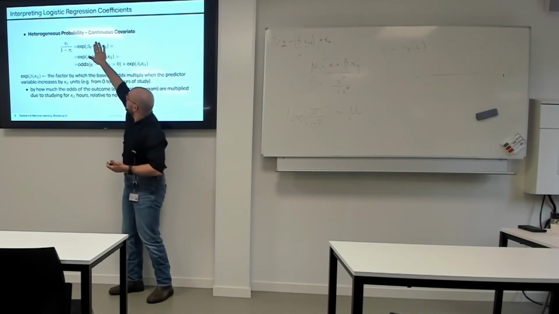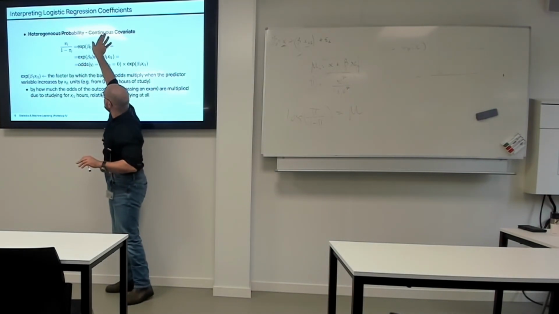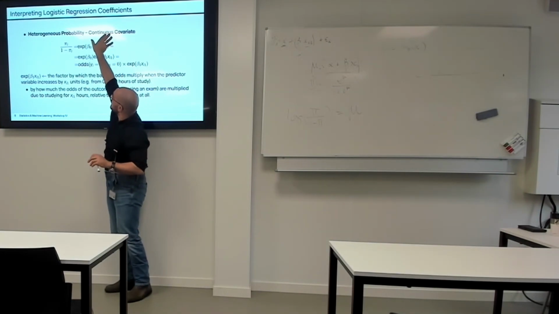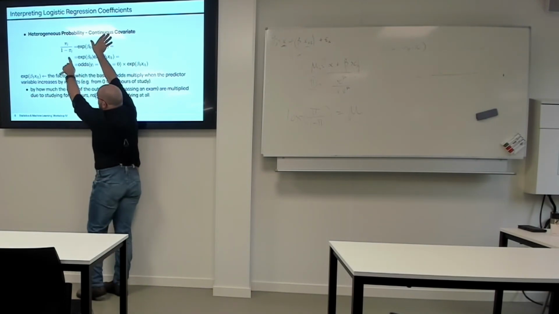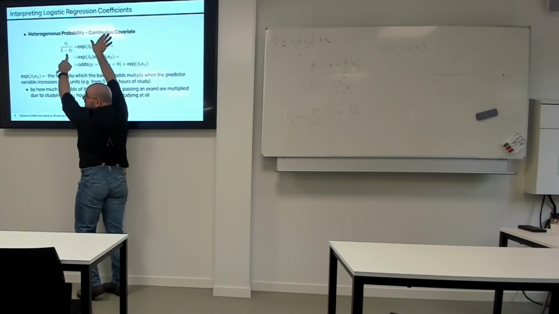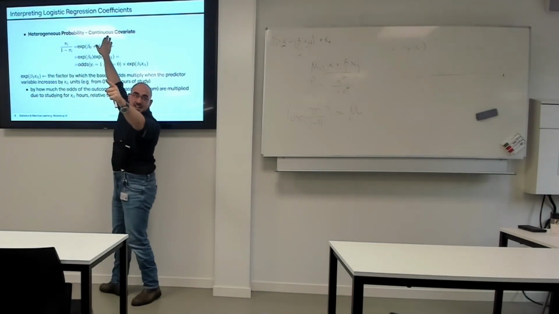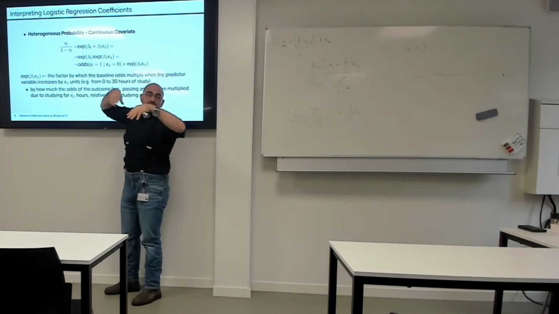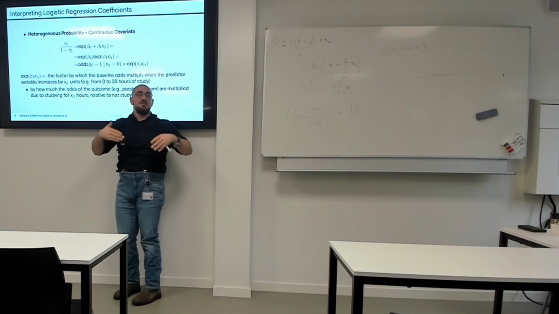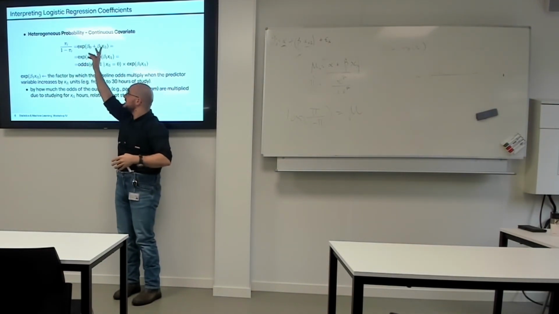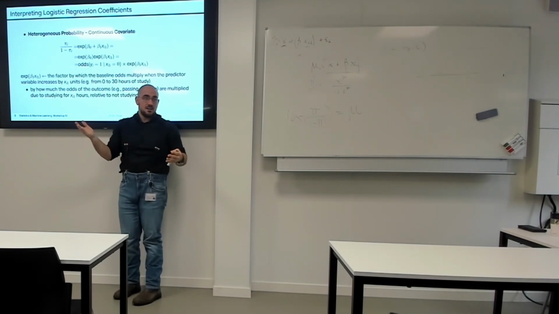Just look at the board. What is this called on the left? This is the odds. Correct. And what is this on the right? Exponential of the intercept. Right. So the exponential of the intercept is the odds when your x is equal to 0.